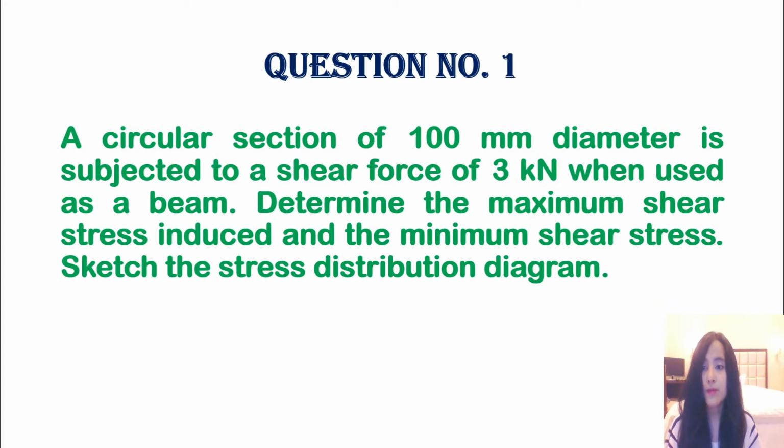Determine the maximum shear stress induced and the minimum shear stress. Sketch the stress distribution diagram. From this given statement, we first need to jot down the given data from the question, and then let's see how we can solve and find the shear stress distribution diagram for this circular section.